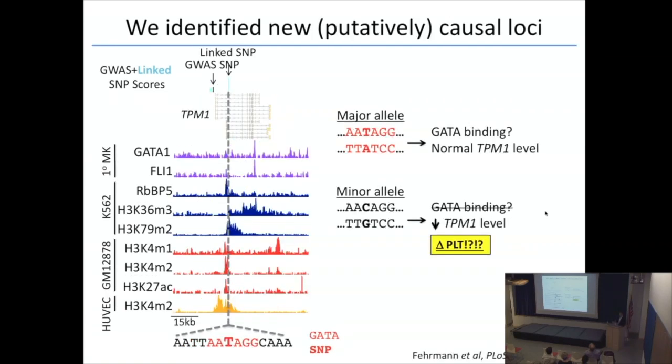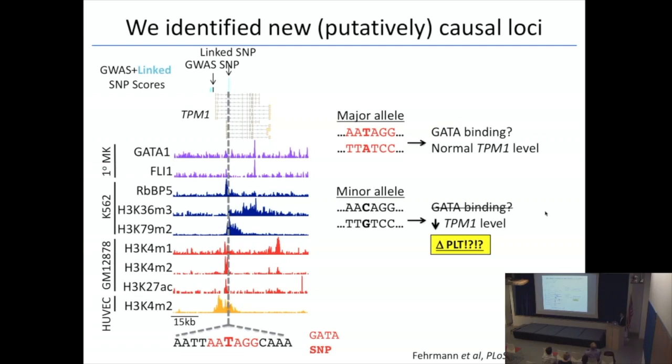So here's one other example of just that. So here we've got the GWAS-associated SNP, not particularly strongly scored, but it turns out to be strongly linked to a variant that we would have predicted from our model is strongly scored. We stack up the functional genomics evidence. It seems like there is perhaps a GATA binding site here that's not one of its canonical disrupted bases, but could disrupt a GATA occupancy site.